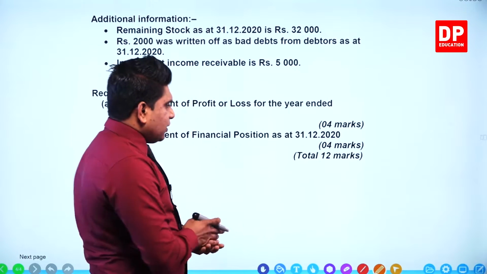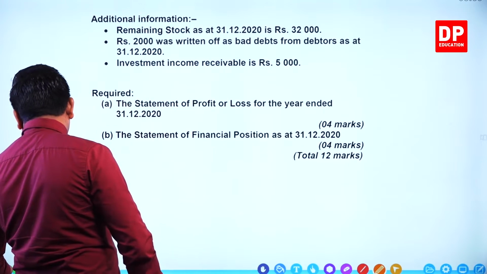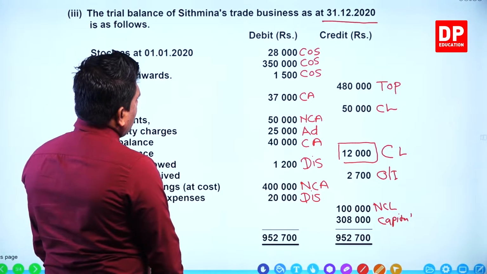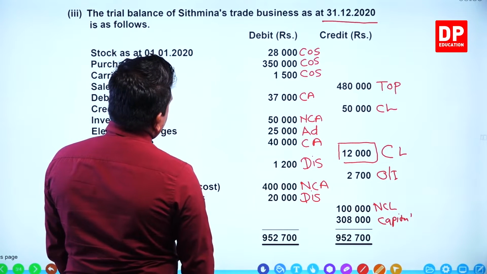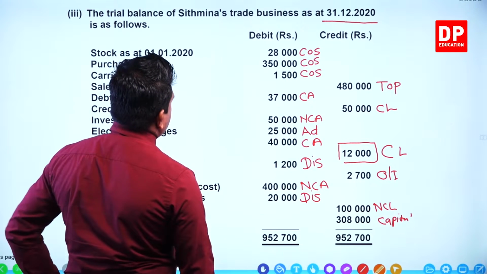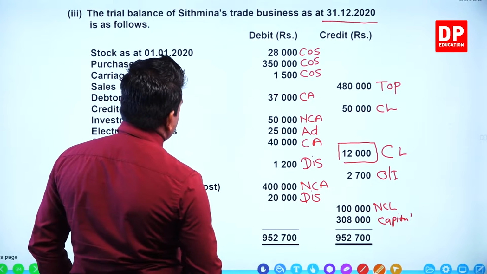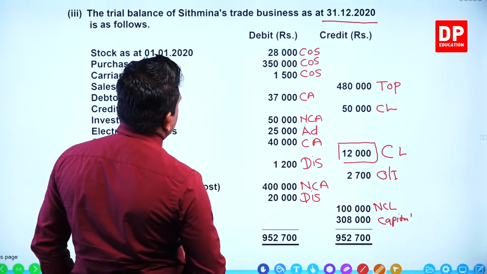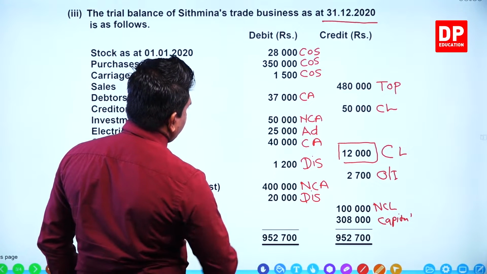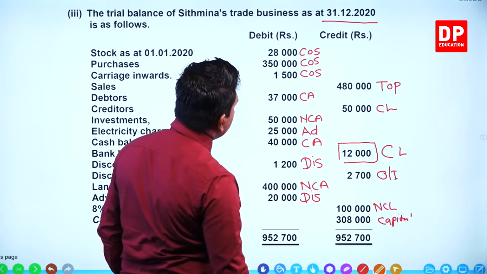It's better to calculate how many administration, how many distributing, how many financial expenses, the number of expenses and the number of non-current assets. Can you see the non-current assets? 1, 2, only 2, no?